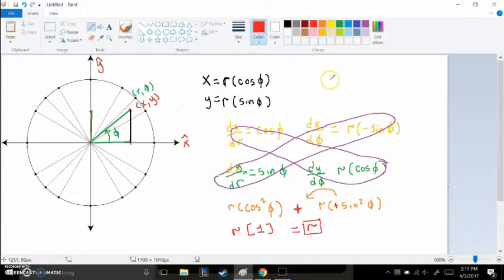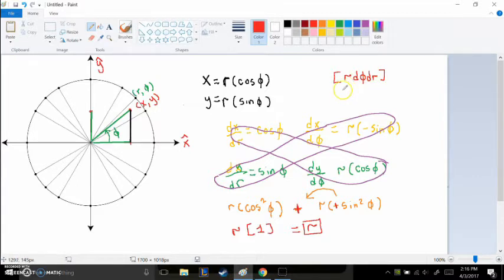This is known as a Jacobian factor, and typically we're going to need to represent it as r d phi dr when both phi and r are changing.